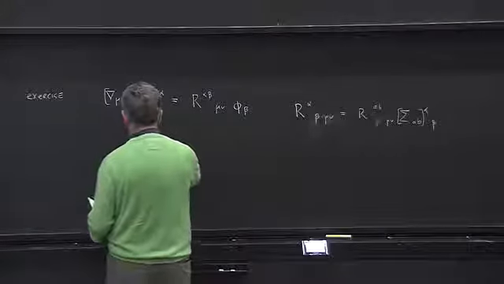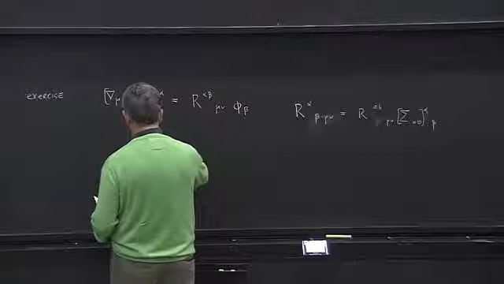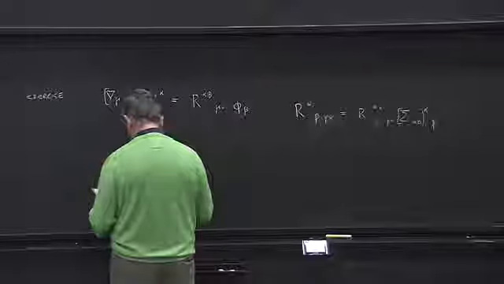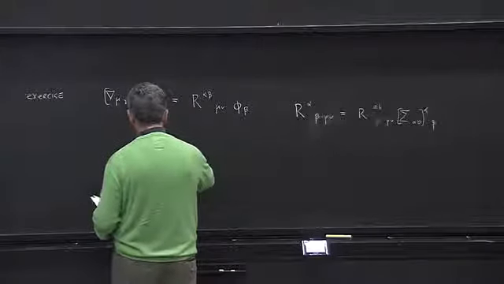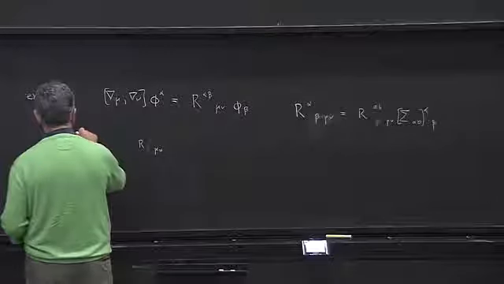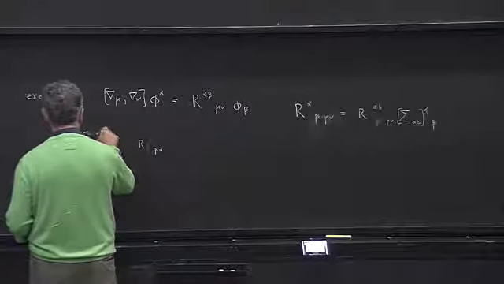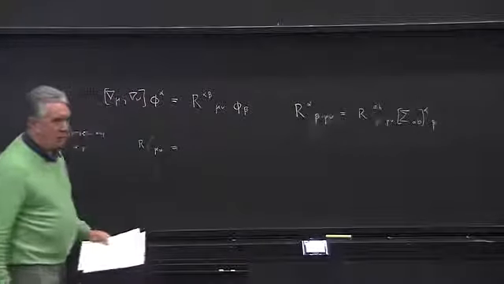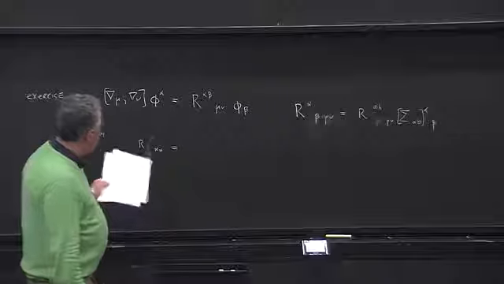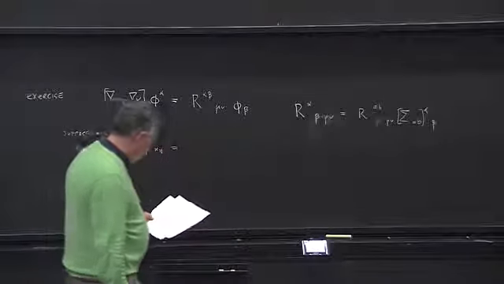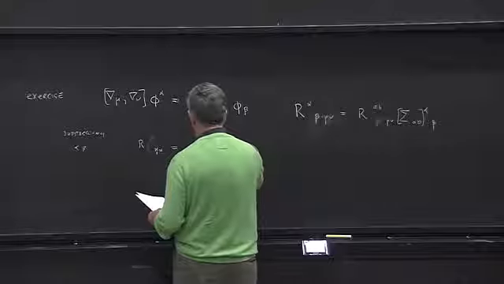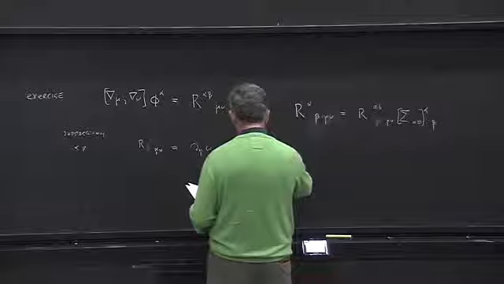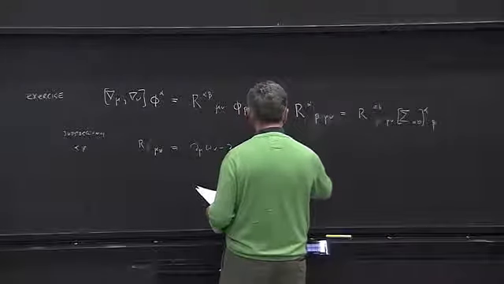Suppressing alpha beta indices, R mu nu, which is now not the Ricci tensor, but the alpha beta component of R alpha beta mu nu, is d mu omega nu minus d nu omega mu plus the commutator of omega mu and omega nu.